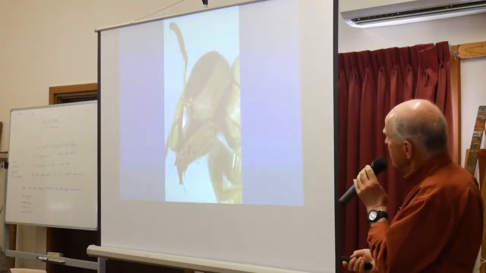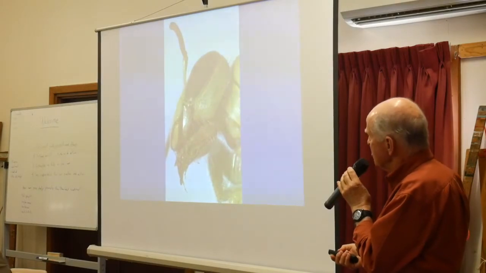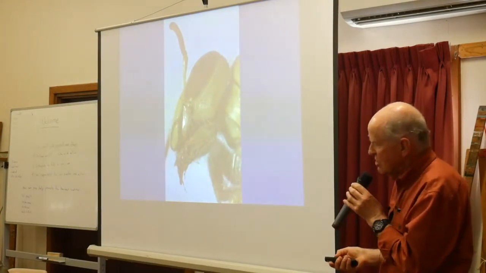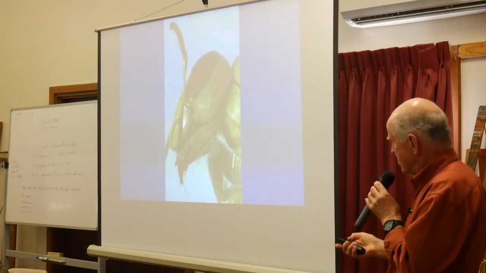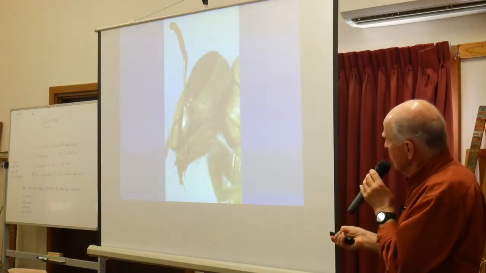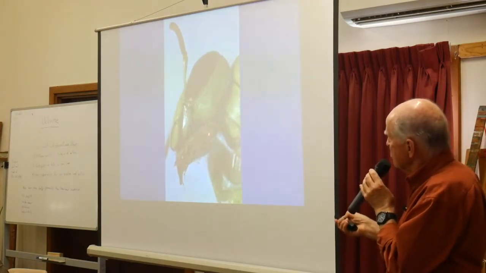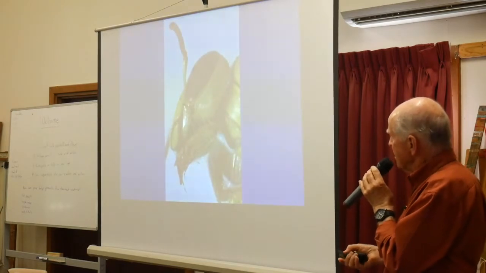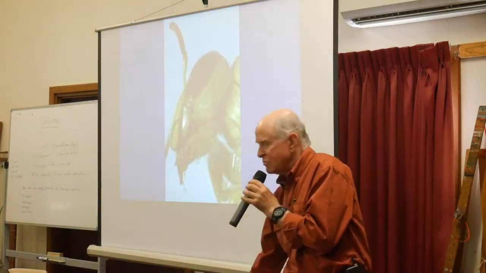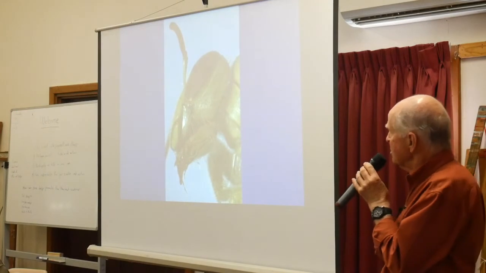Okay, so we're looking at the same bee's head, so we can see somewhat behind it, and we've got the proboscis, which is a complex organ, and it's jointed, and it can be extended and retracted at will by the bee.